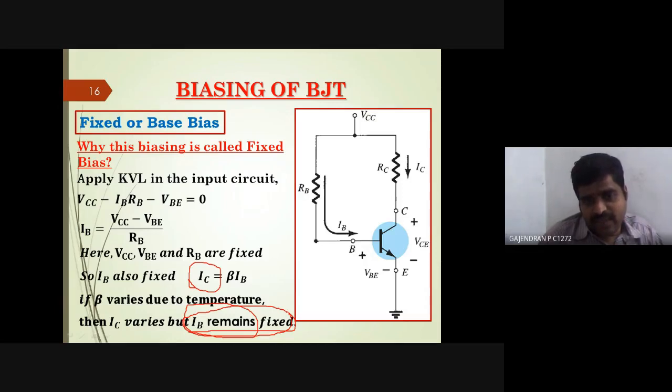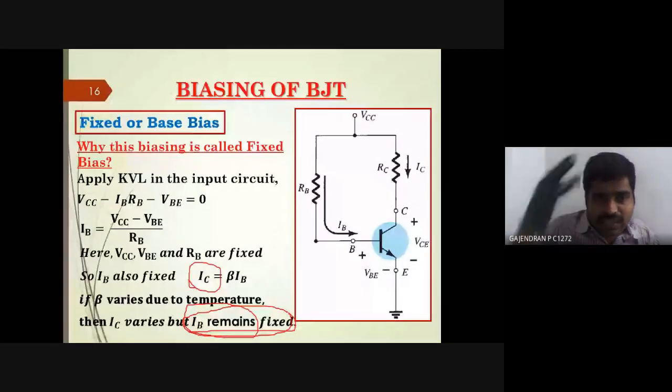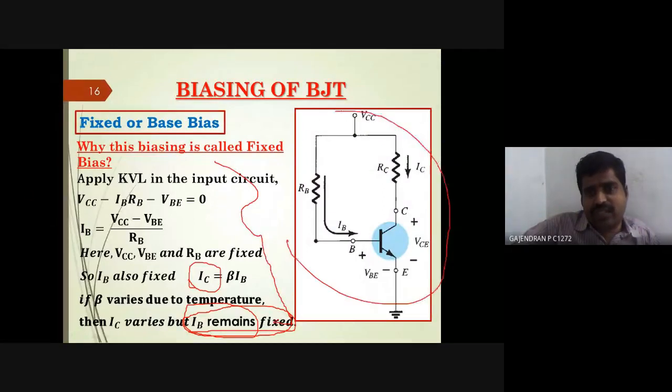Yes, sir. Please take down. This may be asked as a 2-mark question or a 3-mark question. You should not write all the things we have discussed so far. Only these 4 lines are sufficient along with the circuit.